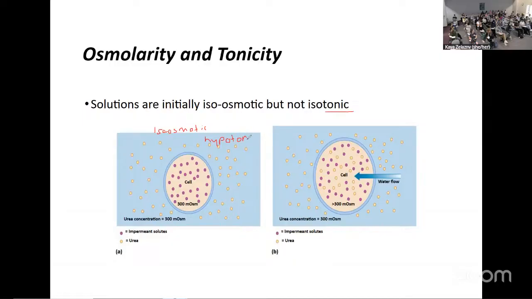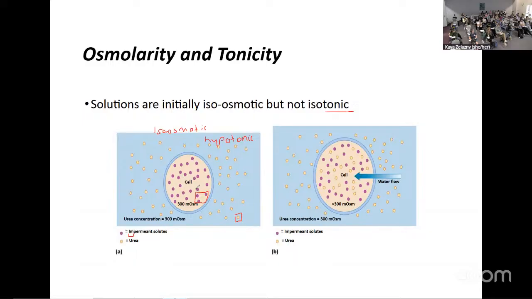And the reason there's a difference is because in this case, our yellow solute can move through cell membranes, so it's permeant, but our purple solute is impermeant, can't move, membrane isn't permeable to it, so it's the thing that's stuck.